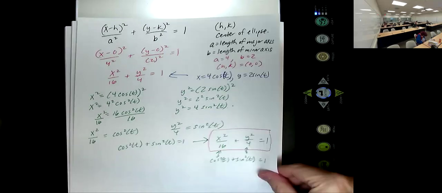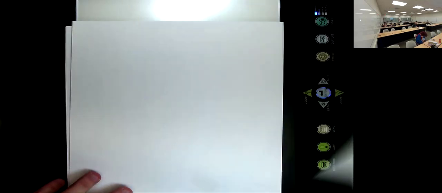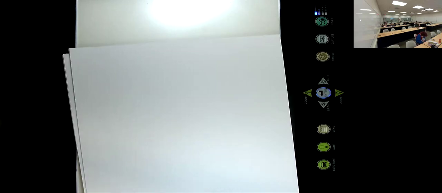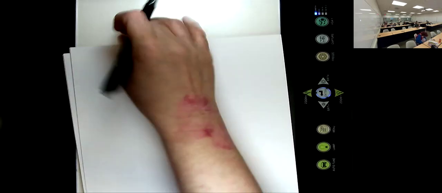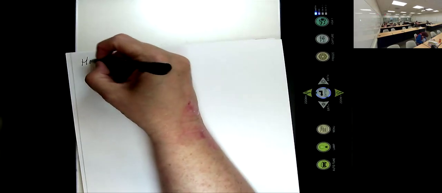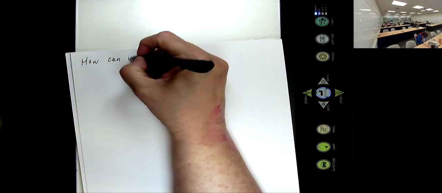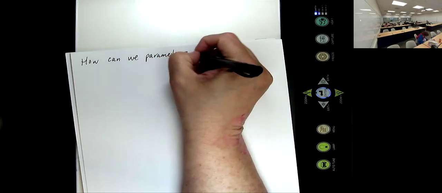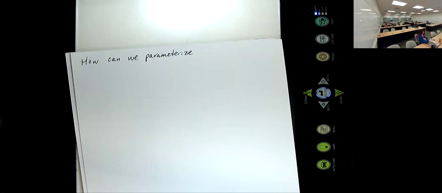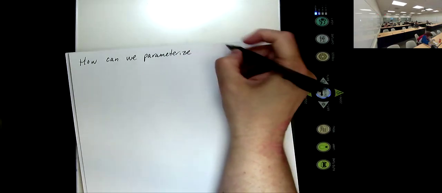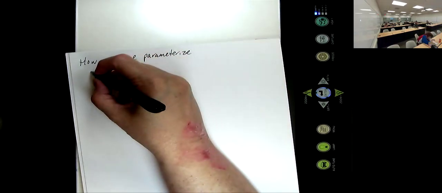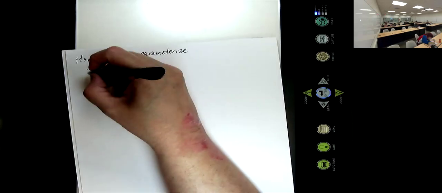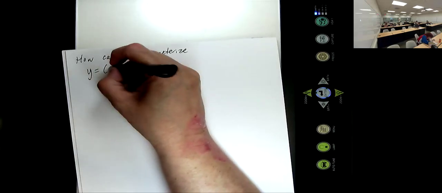Alright. Next idea. Let's look at how we could parameterize. Let's do the equation of a parabola. Let's do a generic parabola.